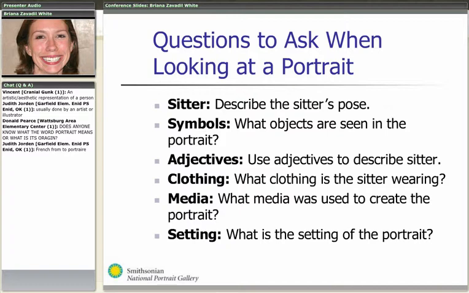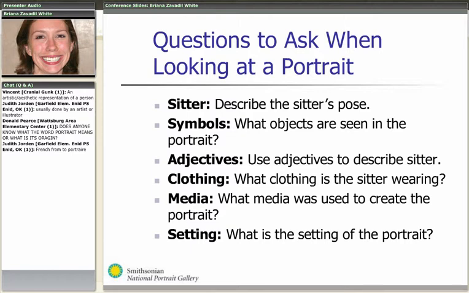Symbols. I am a firm believer that if you are going to use portraits in the classroom, there are really three key terms that you need to define with your students before you get started. Of course, what a portrait is, what a sitter is, because many people have not heard of it, but also what is a symbol, because outside of the likeness of the person, I would say symbols within the portrait are just as important.